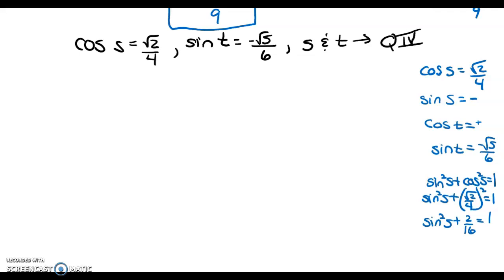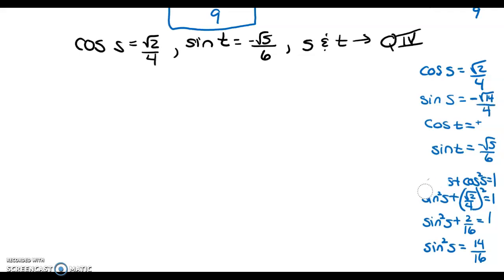I'm not going to reduce that because I'm going to have to take the square root, and I want a perfect square denominator so I don't have to rationalize. So sine squared is going to be 14 over 16. So when I take the square root, that's going to be negative square root of 14 over 4.